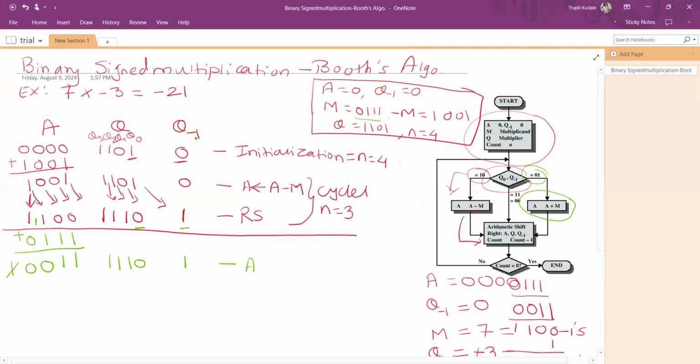Okay. So this will be A plus M. So after A plus M, again arithmetic right shift. So during right shift, first bit will be retained as it is and shift towards right. Okay.